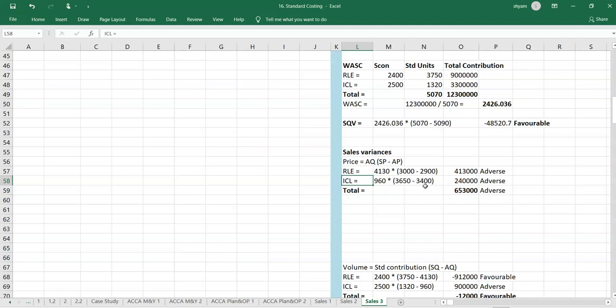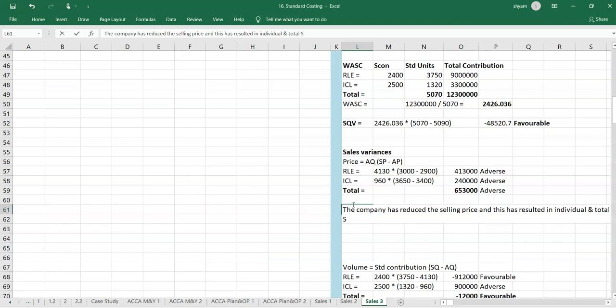So I can put it like this: the company has reduced the selling price, and this has resulted in individual and total sales price variance.